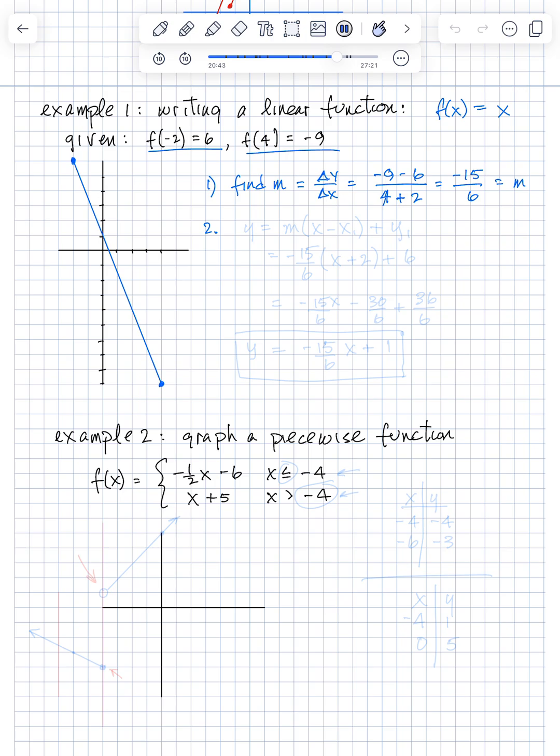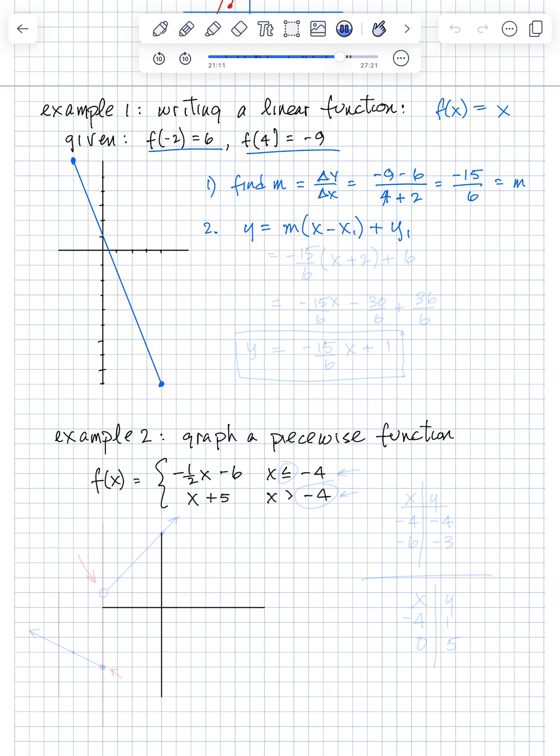Now, we're going to use the point slope formula. It's always a good idea, write the formula down first and then substitute the values. So y is equal to m times x minus x1 plus y1. And you can use either point as x1, y1.